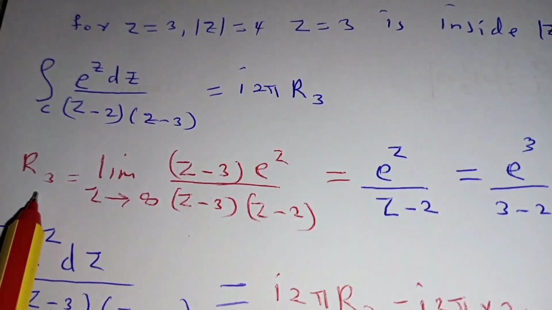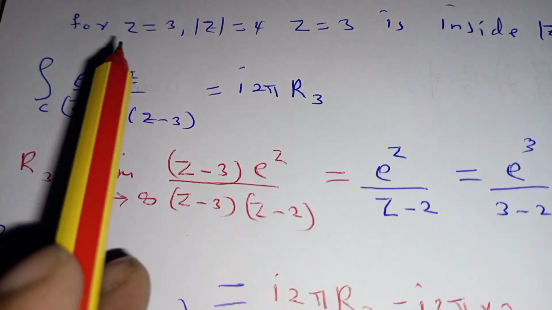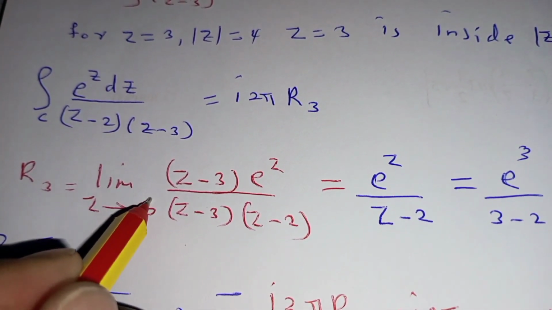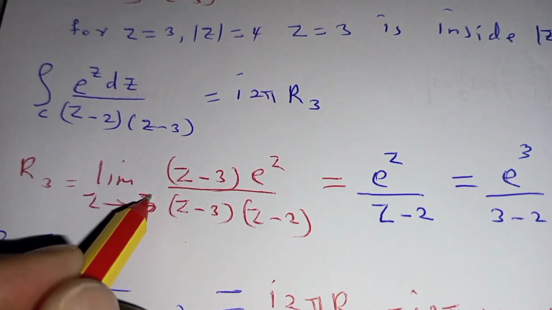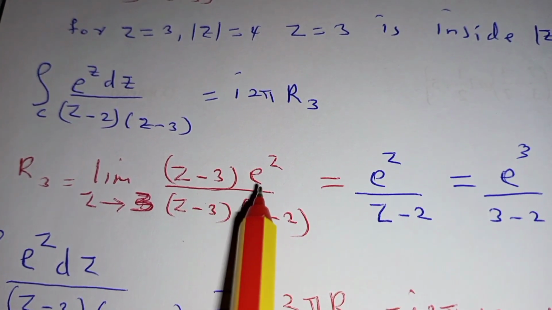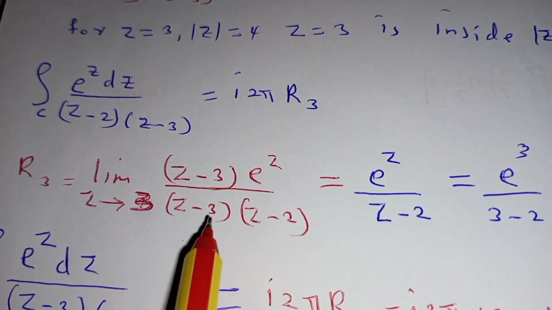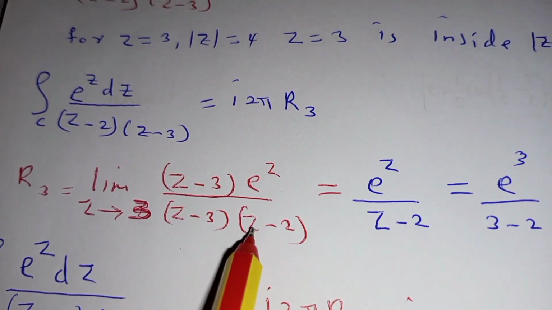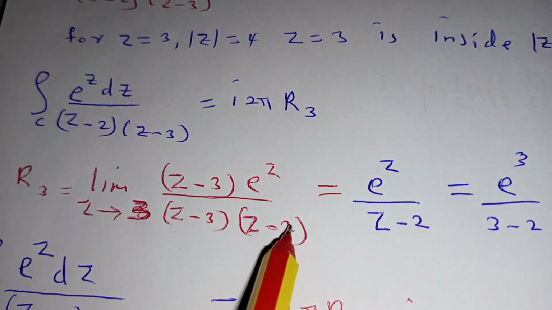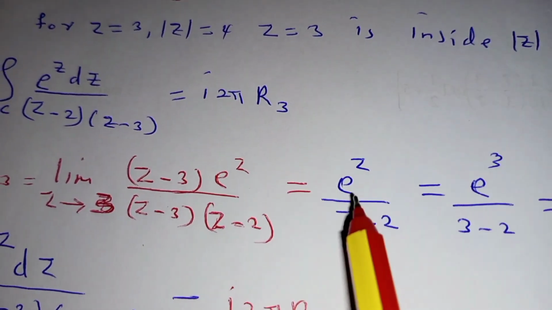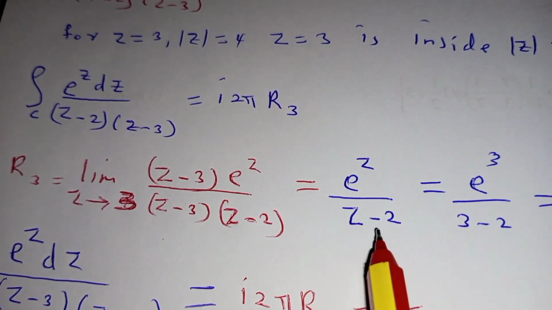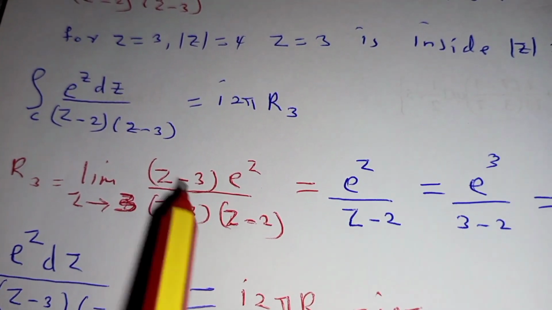So the residue at z equal to 3 is given by the limit as z tends to 3 of z minus 3 multiplied by exponential z divided by (z minus 2)(z minus 3), which is equal to exponential z divided by z minus 2, because z minus 3 will cancel.